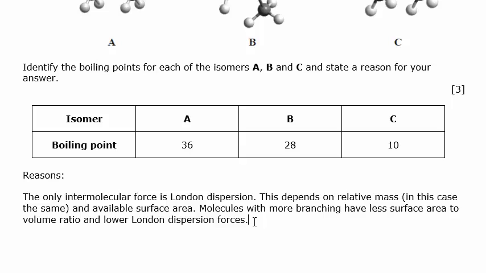So C is the most branched, and will have the lowest boiling point, etc.